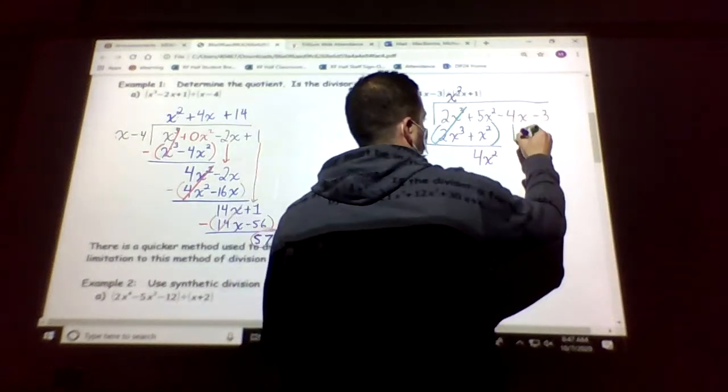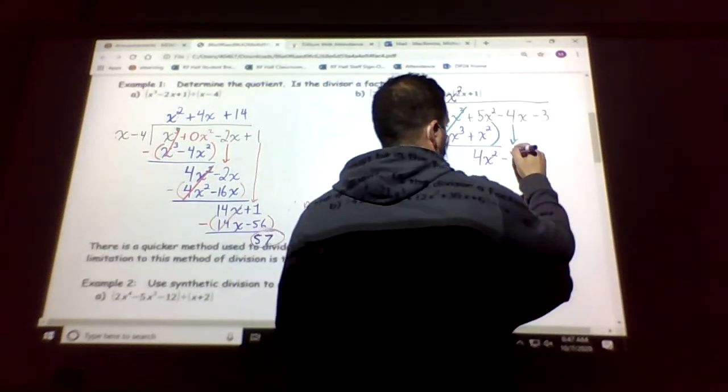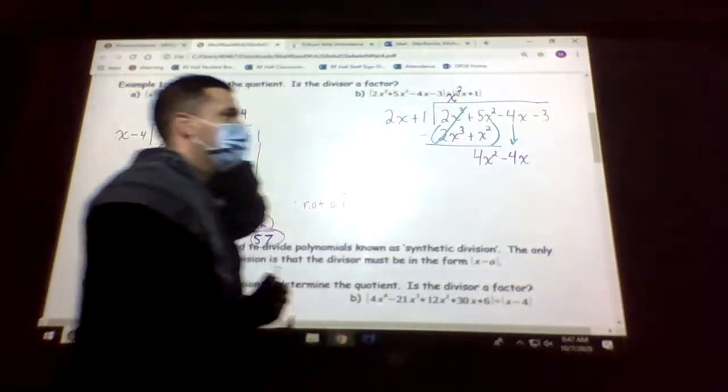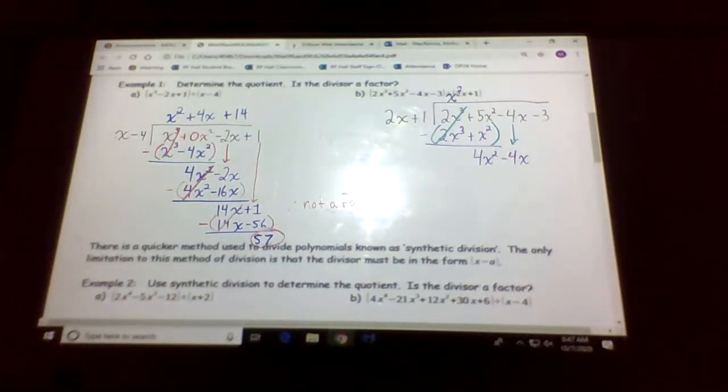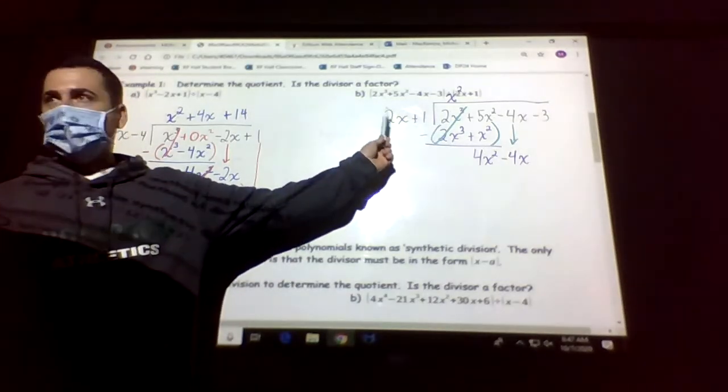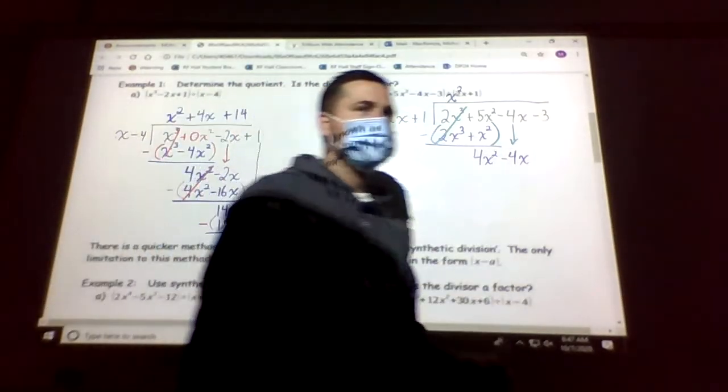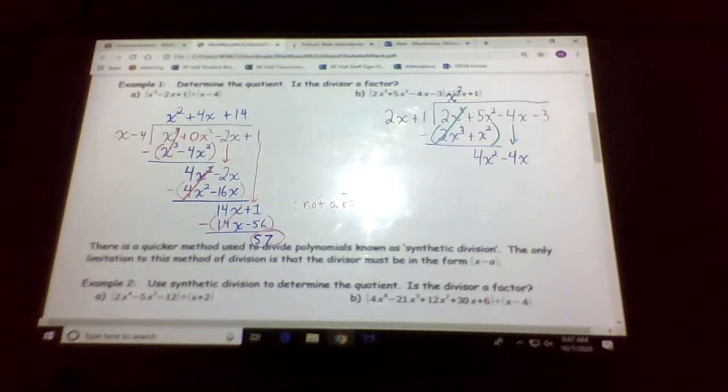Carry down our negative 4x. So again, what do we multiply 2x by to get to 4x squared? I'm going to pick somebody else. Austin. 2x, good.